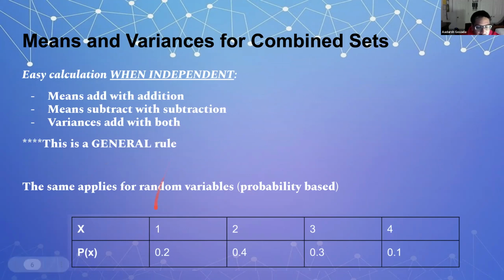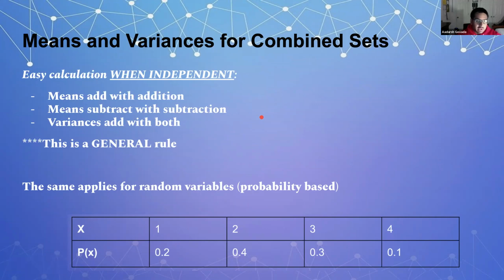All right, so that's just a quick reminder of what a random variable is. Now, if you're trying to combine two random variables, you take the means, the expected values of both, which the formula to calculate we had last week: you multiply each number by its probability, and then you add them together.